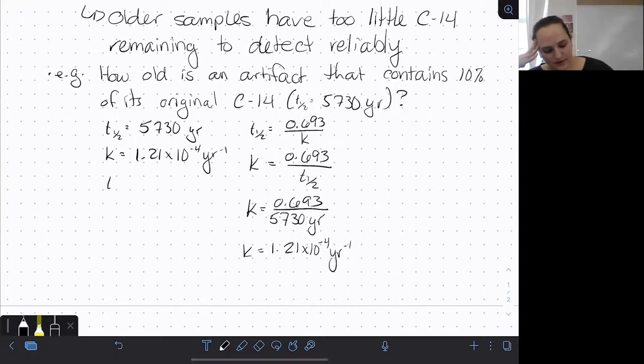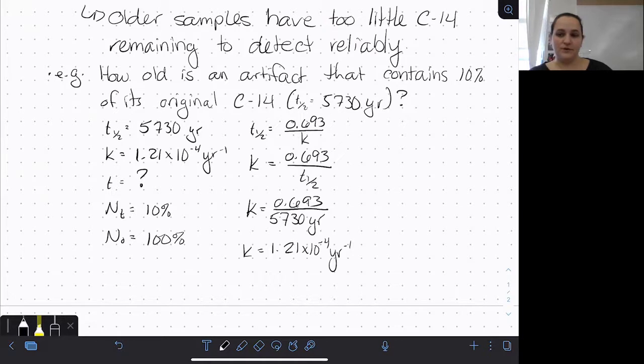Then going on to the rest of my variables, t, how much time has passed since this artifact was created, is what we're looking to solve for. The artifact has been found to have 10% of the carbon that it once had. So we can assume we started with 100%, however much was there, and we're down to 10% of however much we started with.